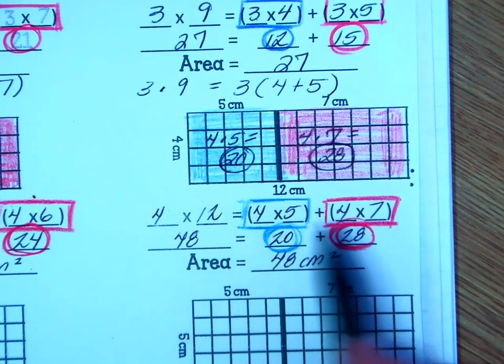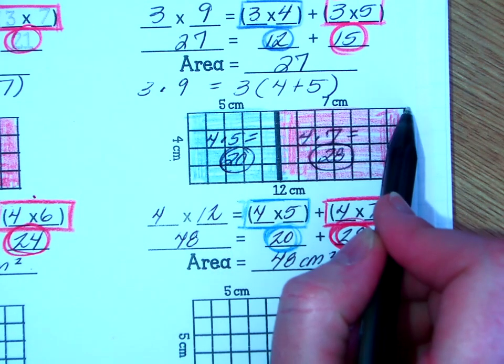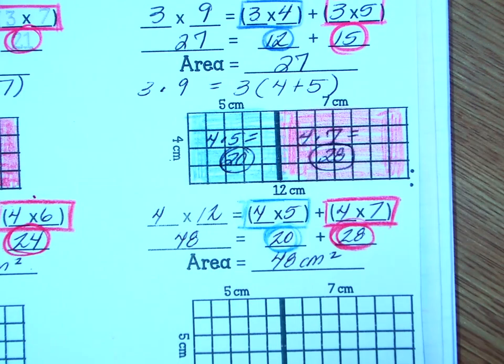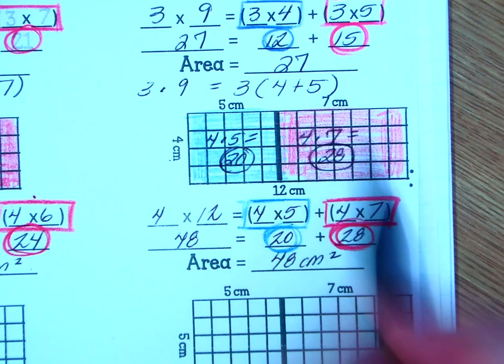So this area model can be looked at as 4 times the full length 12, or it can be looked at as 2 components, where we split the area model part way, where we do 4 times 5 here and 4 times 7 here.